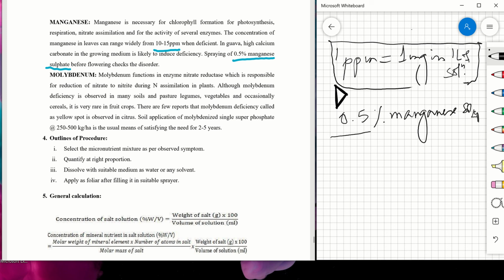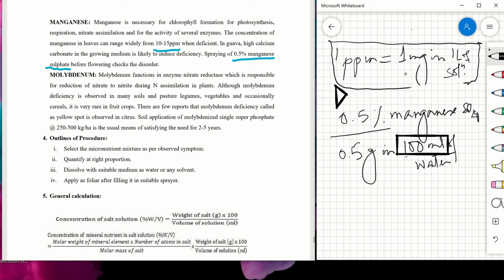What does 0.5% mean? You have to take 0.5 gram in 100 ml of water. That is your 0.5%. Here the quantity is 100 ml, but for spraying, if we require more quantity, then we have to increase this volume, isn't it?